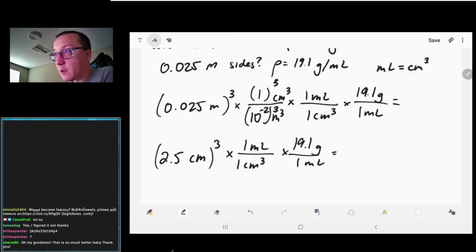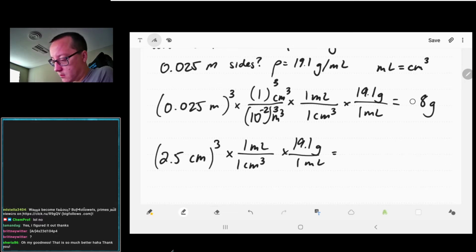I think the second one is easier, but let's do both just for fun. 0.025 cubed divided by 10 to the negative 6th times 19.1. Lo and behold, we get this big old mass, 298 grams.